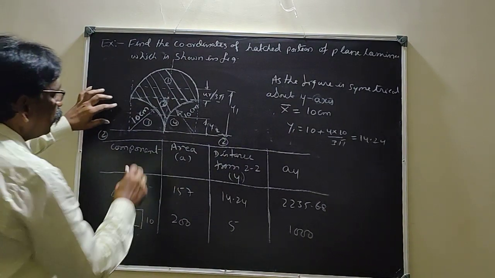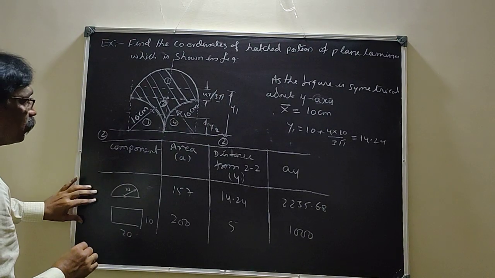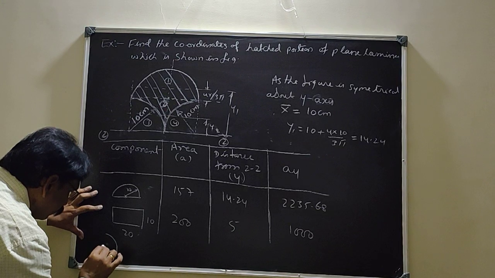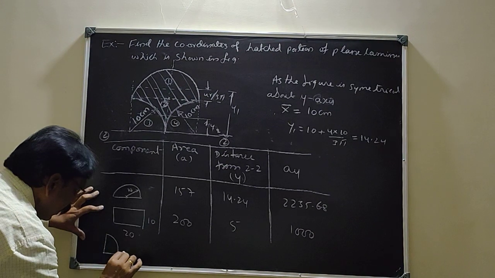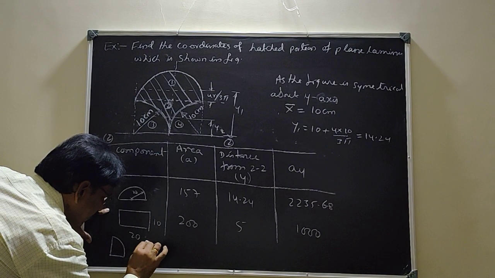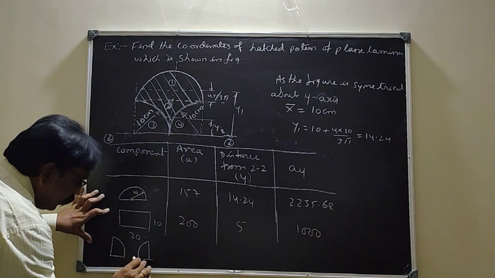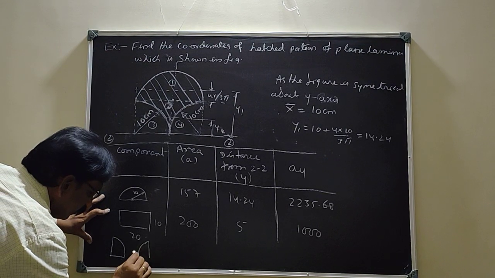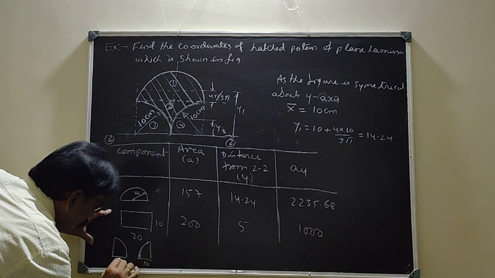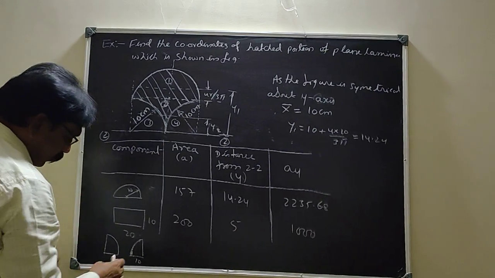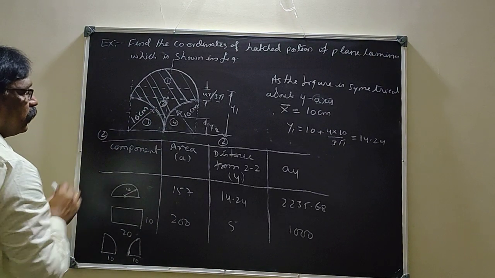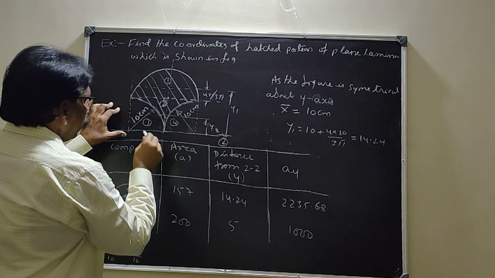Then come these two quadrants. Now one quadrant is like this and another quadrant is like this. In both cases the radius is 10 centimeter. So this will be 1/4 of the area of the circle and 1/4 of it again.